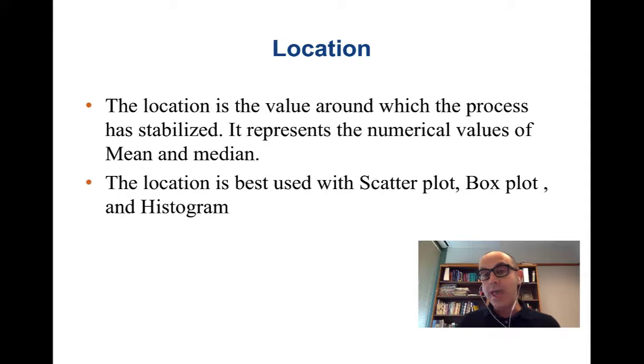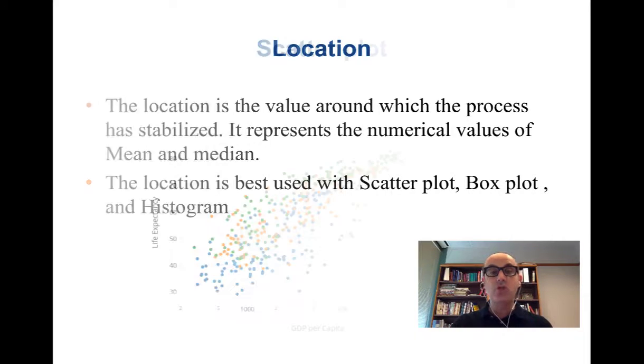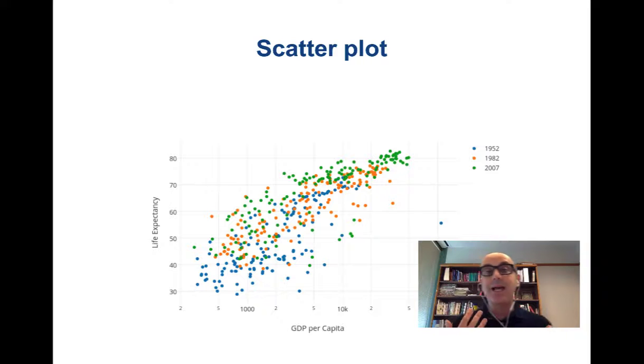So the location is the third element, which is the value around which the process is being captured. It represents the numerical values of the mean and the median, and the location is best used with scatter plot, box plot, and histogram. The scatter plot is a really good way for us to capture data.